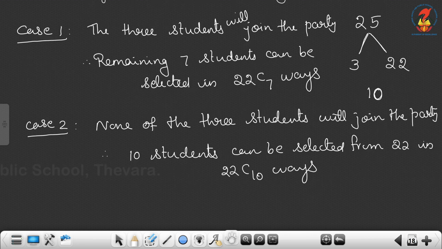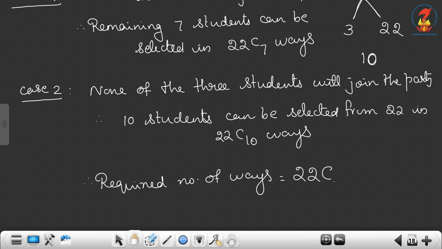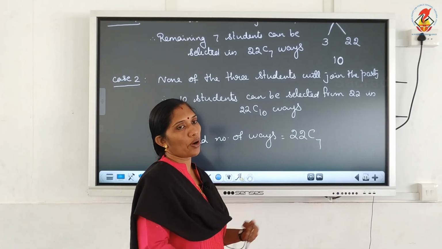So what is the required number of ways? Required number of ways is equal to either the first case or the second case. So 22C7. This is the case when the 3 students join the party.